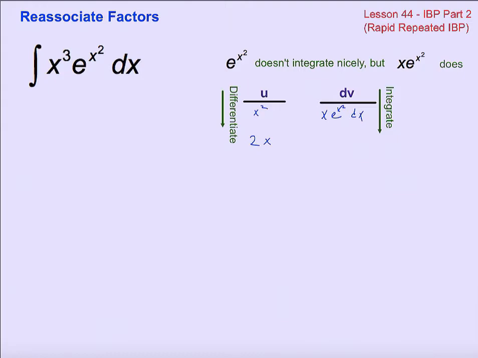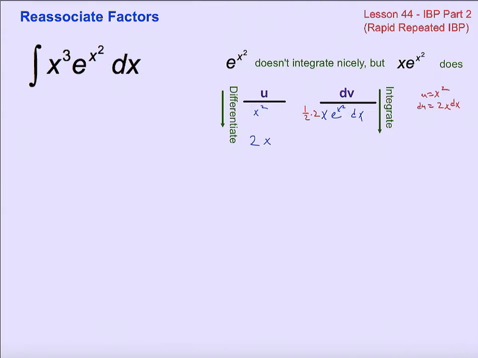I'm going to write my u sub over here on the right. If my u is equal to x squared, then my du is equal to 2x dx. So if I want to take the integral of x e to the x squared dx, I'm going to need to put a 1/2 in front of it, so I can have the 2.